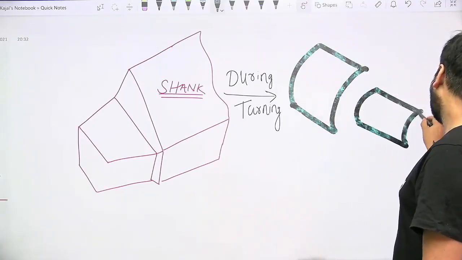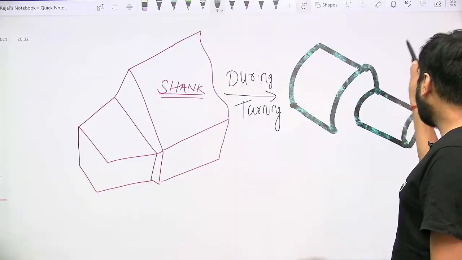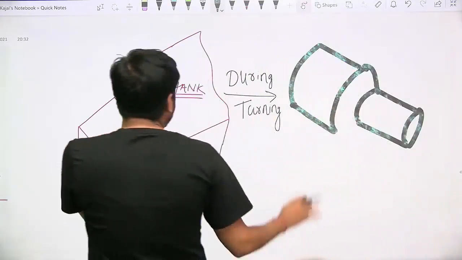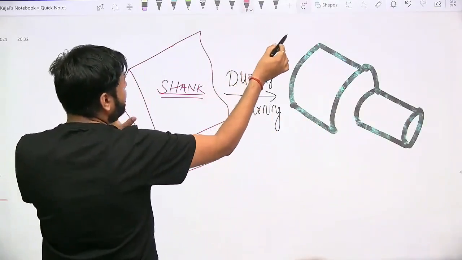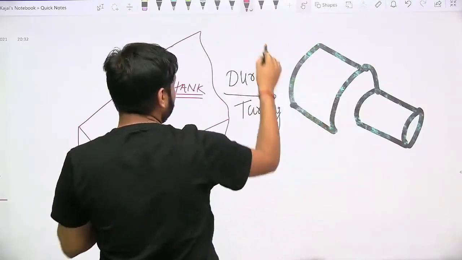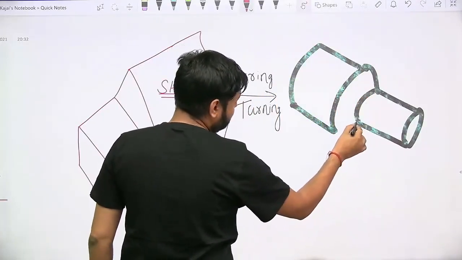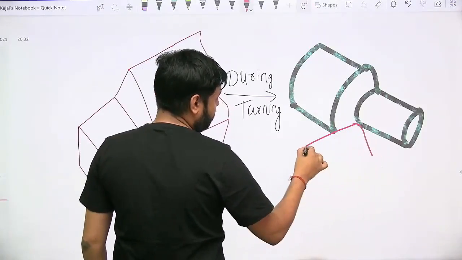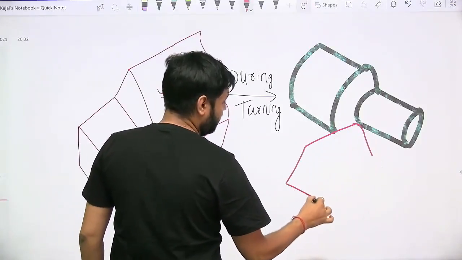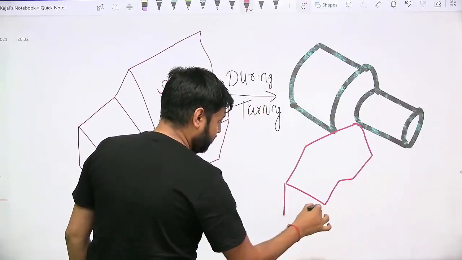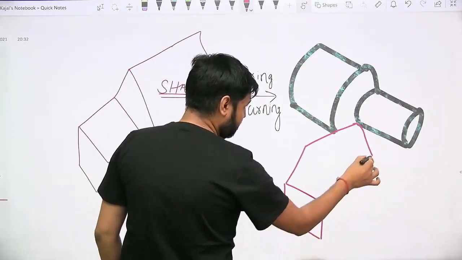Turning means we are going to reduce its diameter along its length, and this tool while turning will appear a bit like this to you. Observe. This is how the single point cutting tool will look during the turning operation.